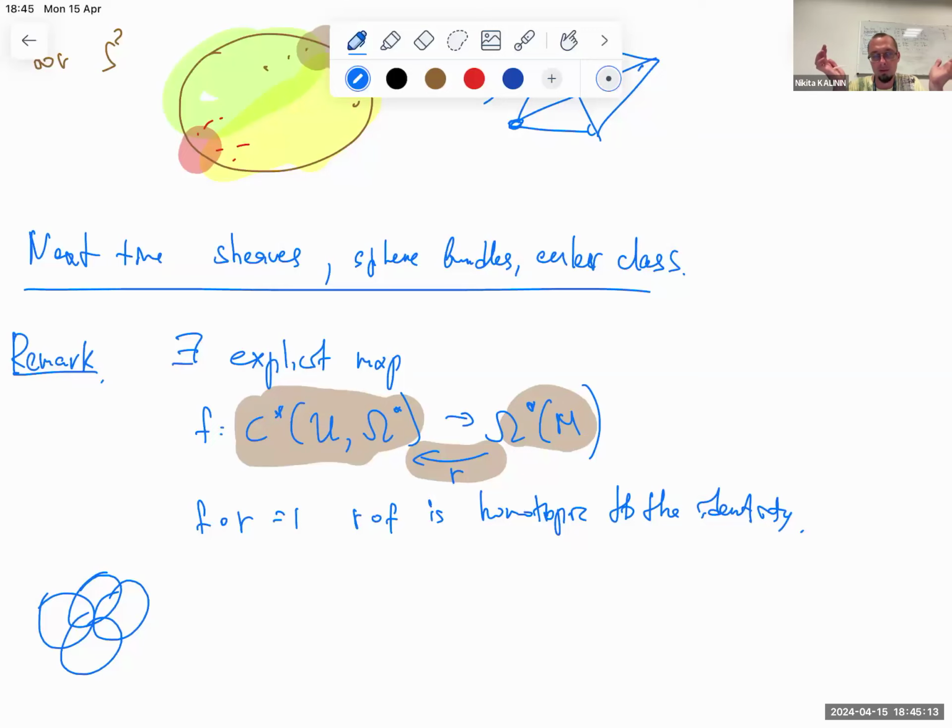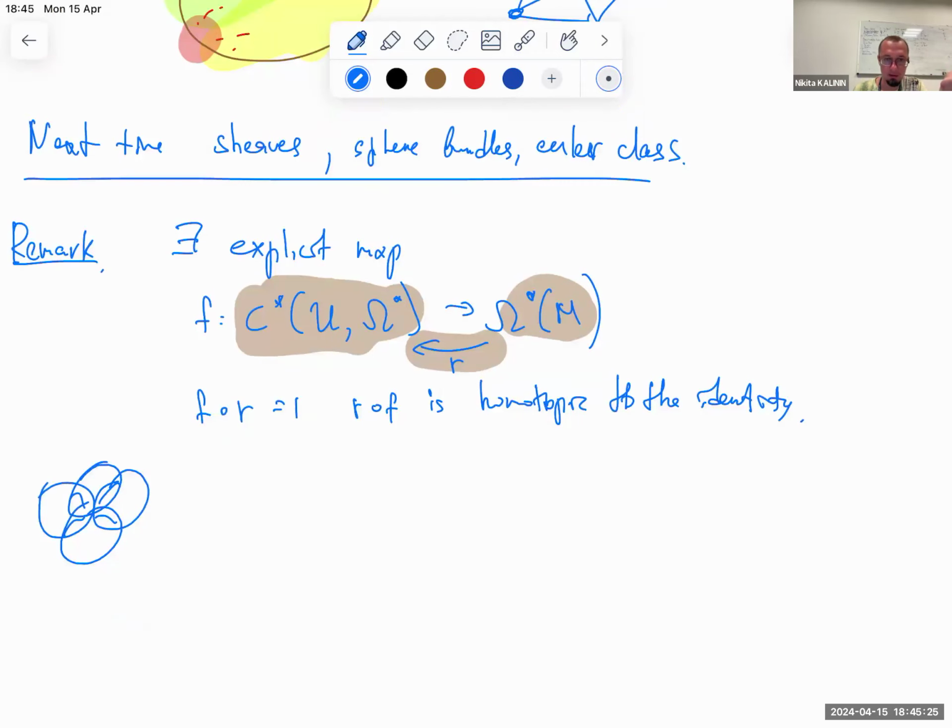And then, given such a collection of forms, let's say on the pairwise intersections, now I'm asked to produce a certain form on the whole manifold. So it's not clear how to do it. Actually, there is a formula, it's called the collating formula. So F is given by the collating formula.